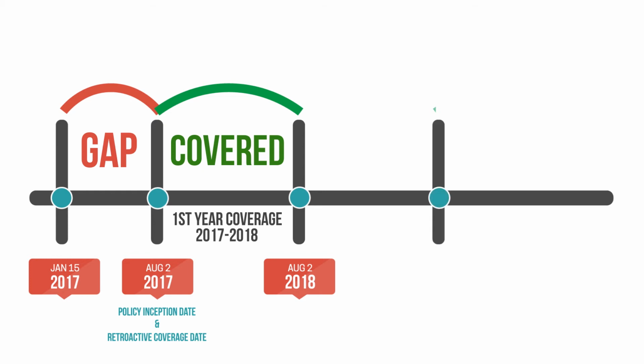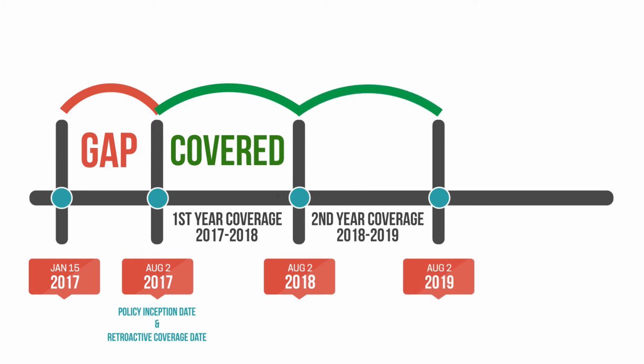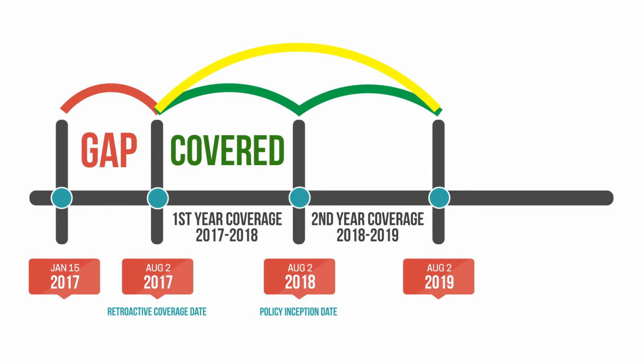Kathy reapplies for continuous coverage and is approved. A new policy is issued with a policy inception date of August 2nd, 2018. But she has coverage for prior acts, so her retroactive coverage date will remain August 2nd, 2017.